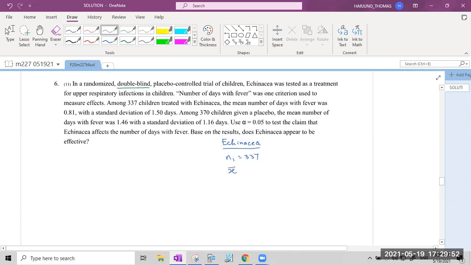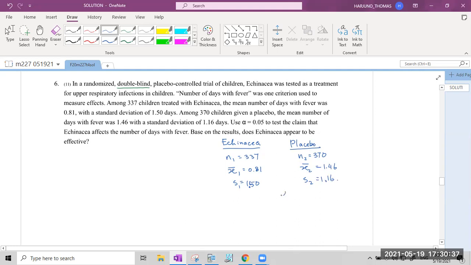The mean number of days with fever was 0.81 with standard deviation 1.50 days. Now of those children with placebo, 370 of them, the mean number of days with fever is 1.46 days with standard deviation 1.16.